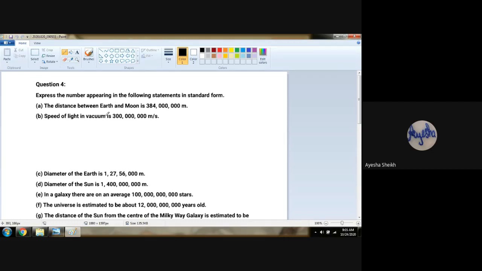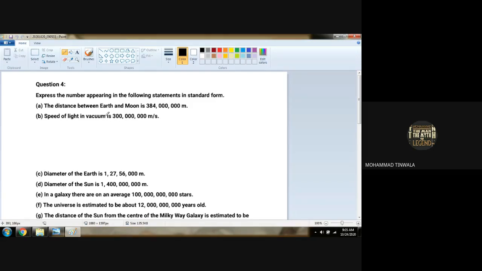Number A. The distance between Earth and Moon is 384,000,000 meter.